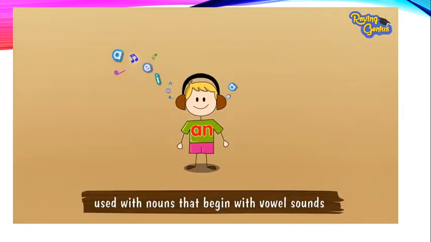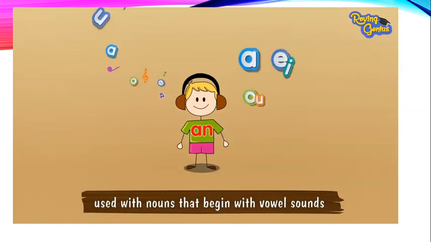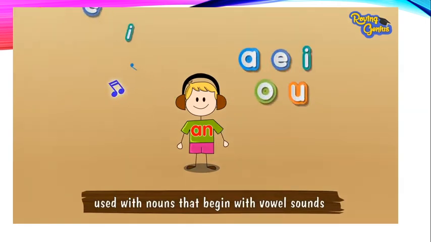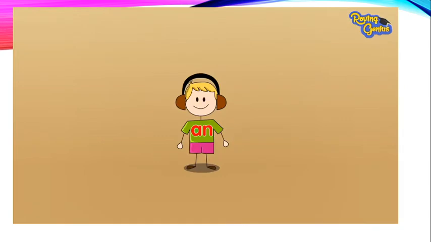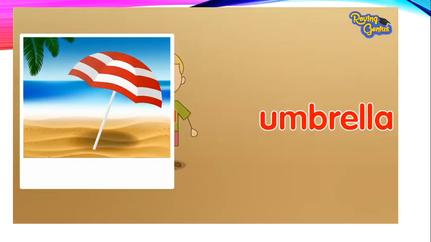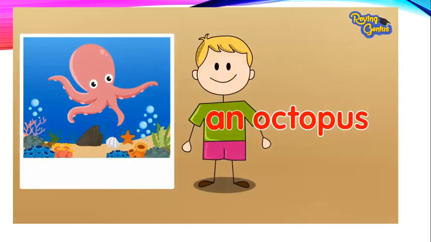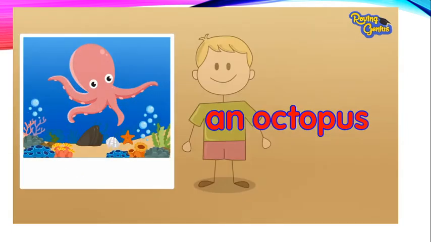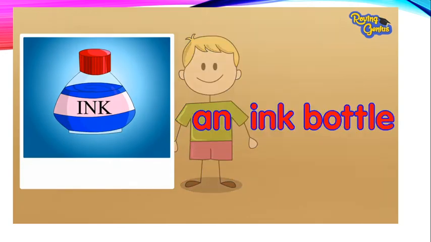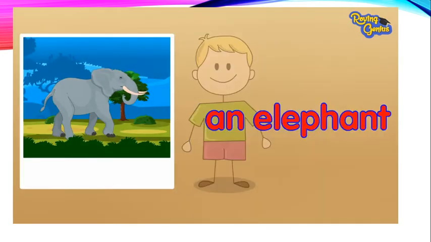The article An likes to listen to nouns beginning with a vowel sound. For example, an umbrella, an octopus, an ink bottle, an elephant.